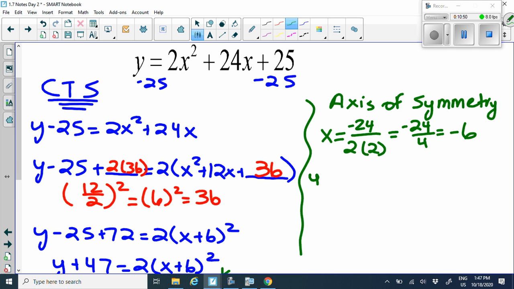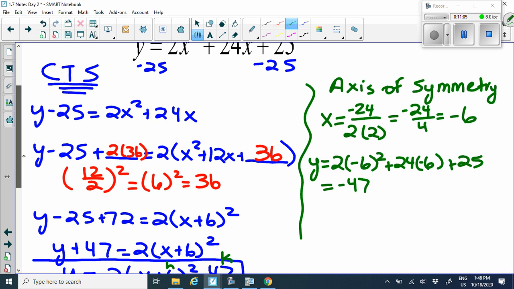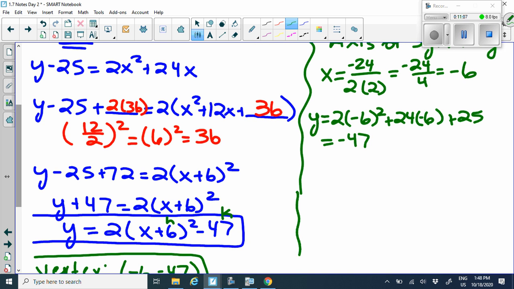We plug it into our formula, or I guess our function. And we should get negative 47. So our vertex here is negative 6, negative 47.